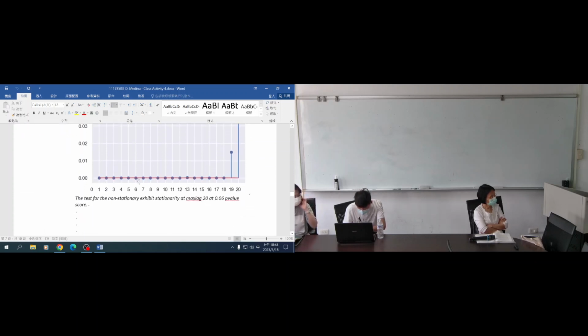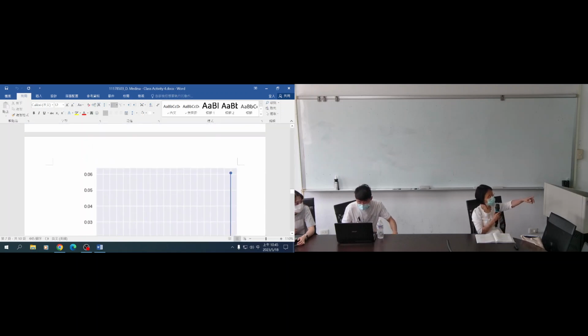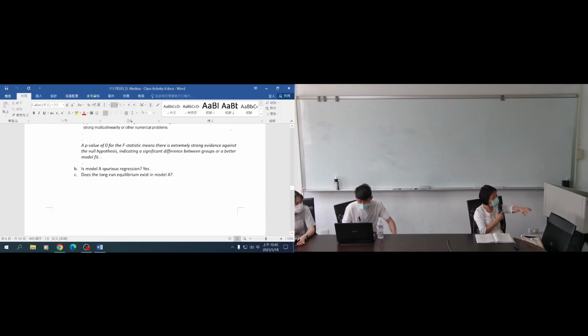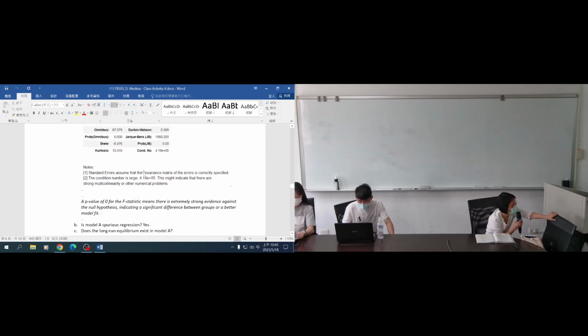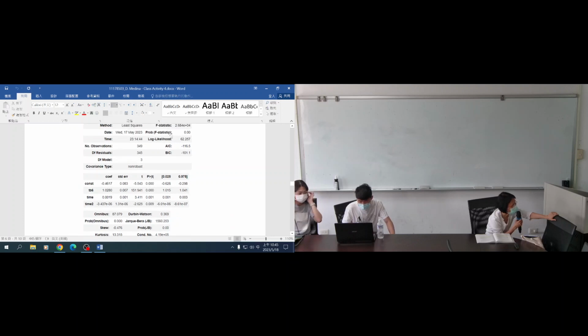If you look at the F test, the probability of the statistic is 0. This is for the regression model A, right?